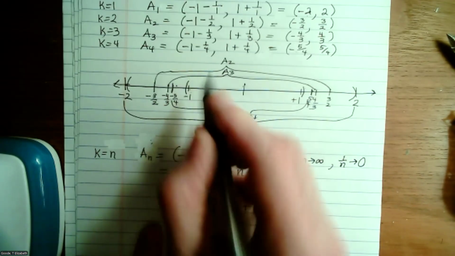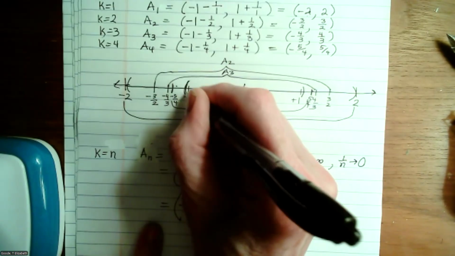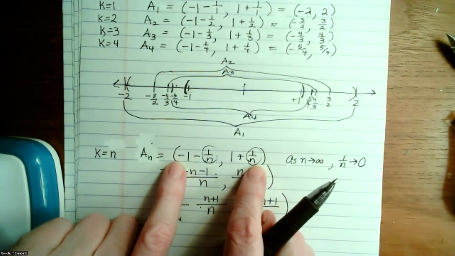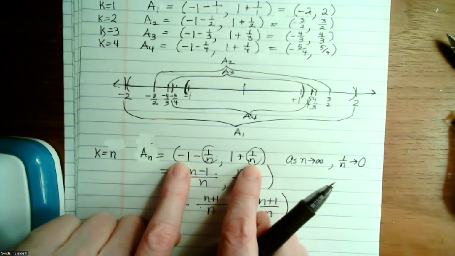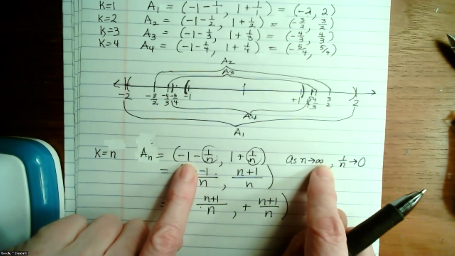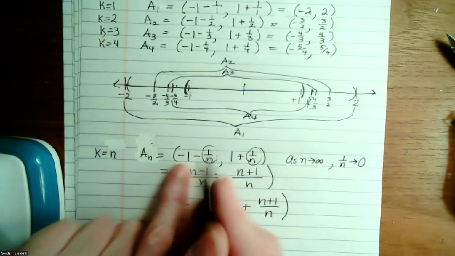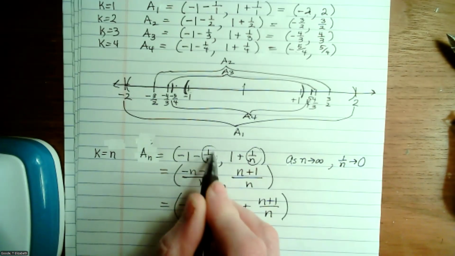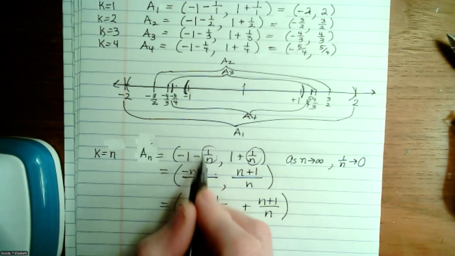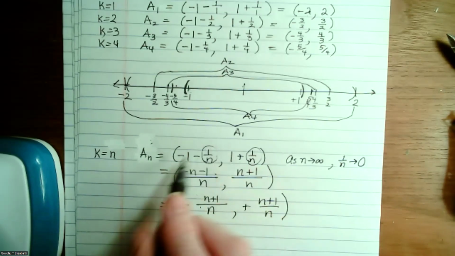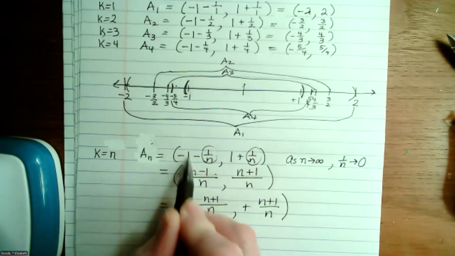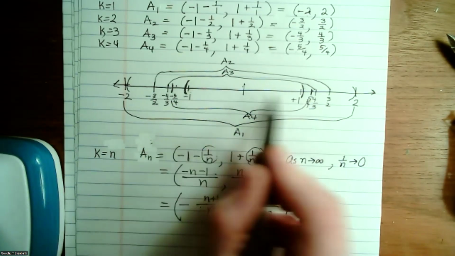No matter how close to -1 and +1 the open endpoints of A sub n get, in other words, no matter how big n gets, this is still a teeny tiny quantity. It's getting close to 0, but it never disappears. So -1 is always still part of the set.